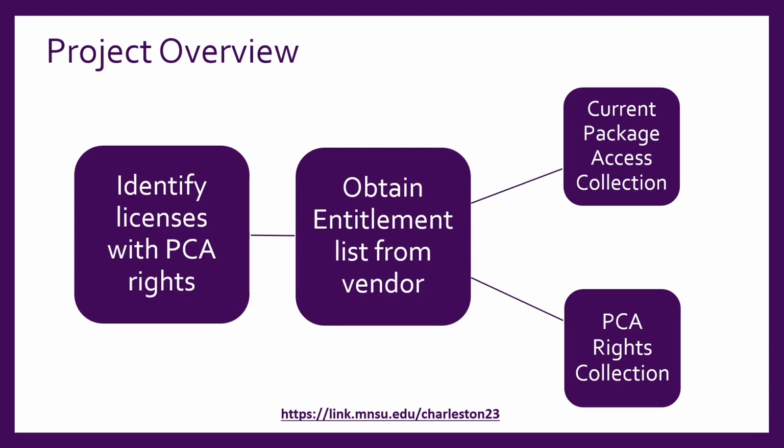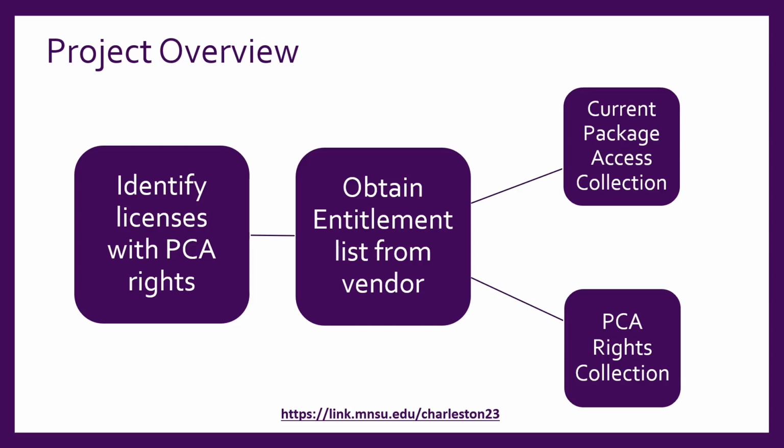Annalise will cover the whole Alma process in more detail next. But generally, a license gets negotiated at our institution, it gets handed off to me at that point, and I interpret it and input some information into Alma. So right away, we have to read that license and identify which materials have PCA rights included.